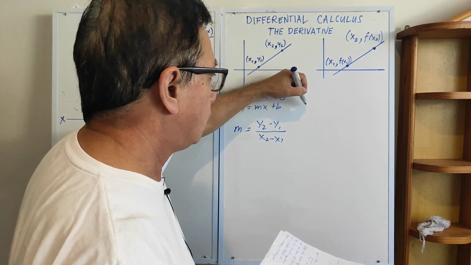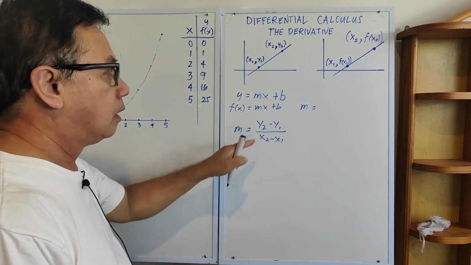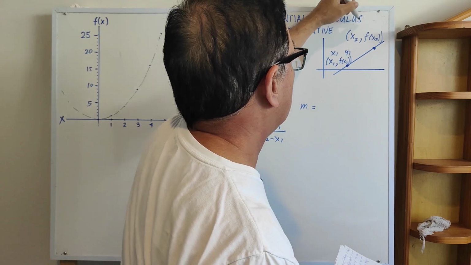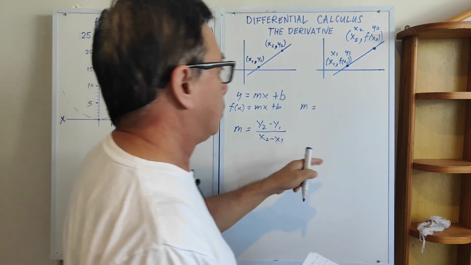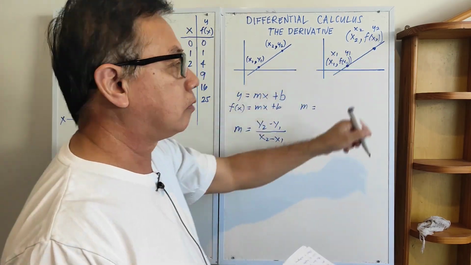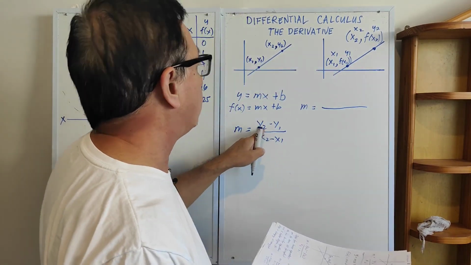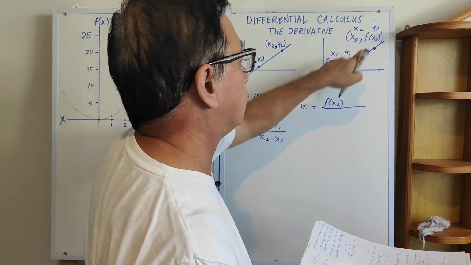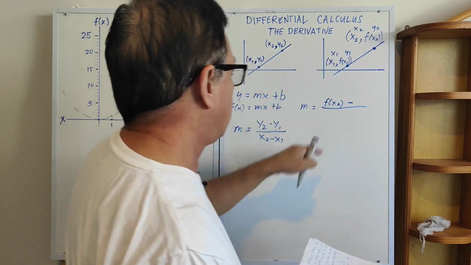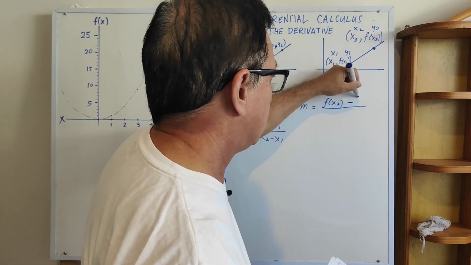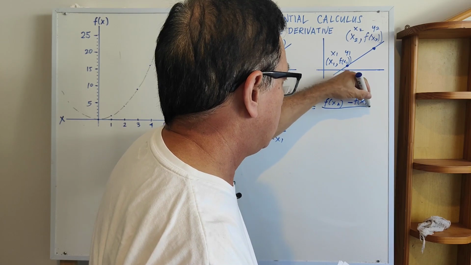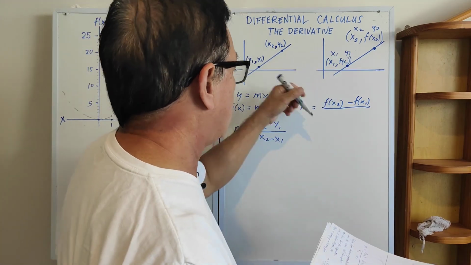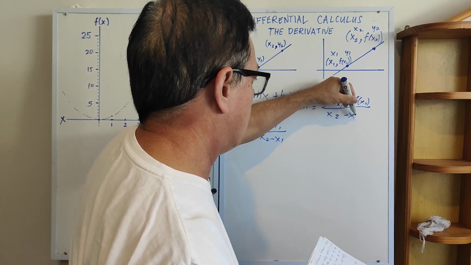So your new slope, with the new protocol for writing, would now be: f of x sub 2, that's your y2, minus your y1, which is f of x sub 1, over your x, which is the same, x2 minus x1.